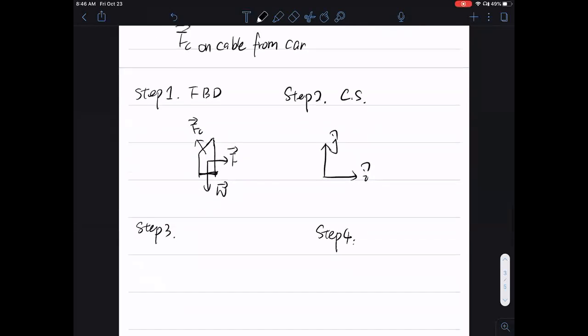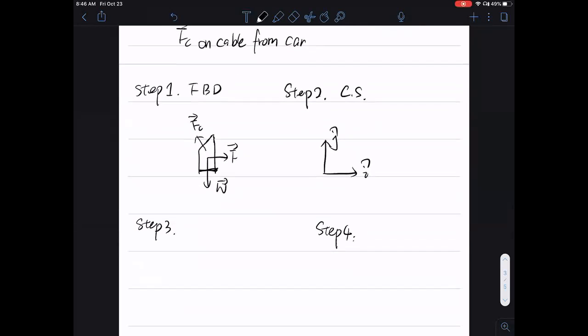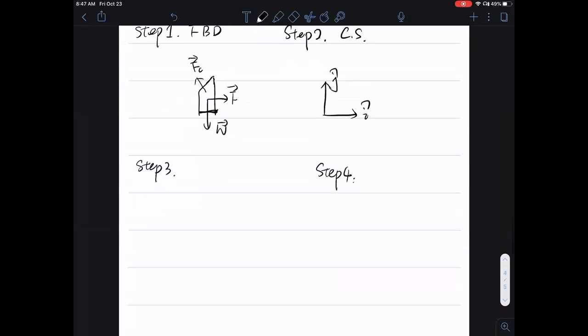Okay, check the free body diagram to see if you have three forces on your free body diagram. All right, raise your hand if you got that part right. Three forces on your free body diagram. Very good. Okay, now try to write the forces in vector form.